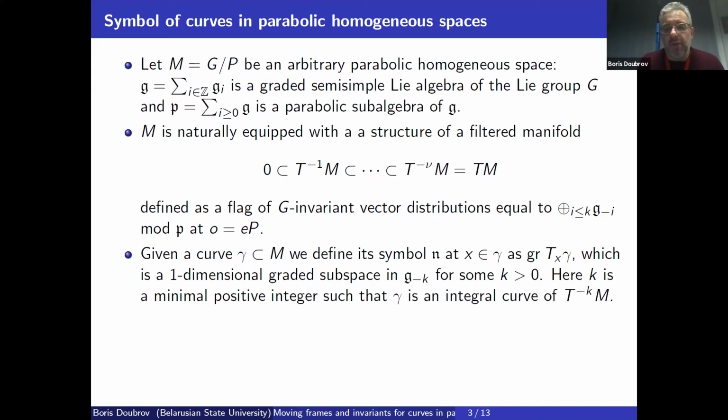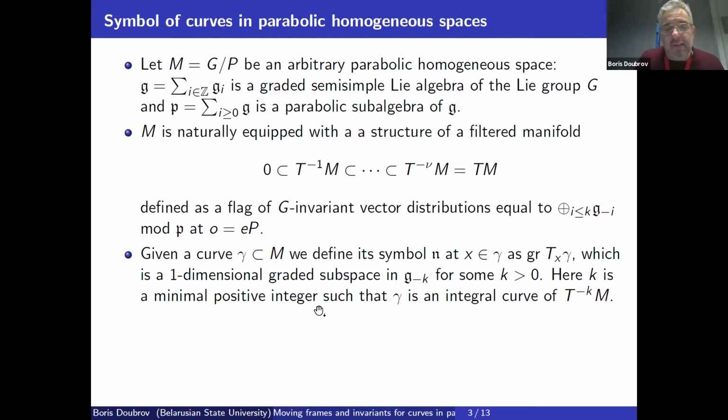I recall what was the definition of a symbol. For the symbol, we just were taking the tangent line to our curve, moving it to the origin, and taking its graded associated subspace. What we end up with would be just a one-dimensional graded subspace living in some g_{-k} for some k greater than 0.